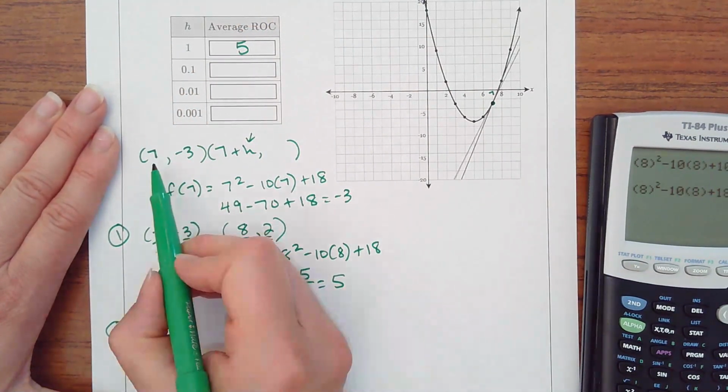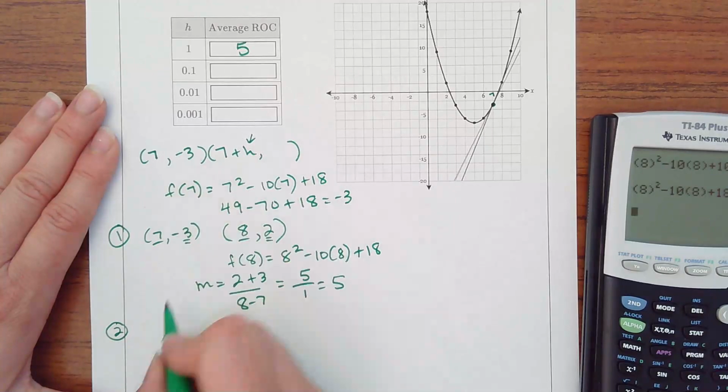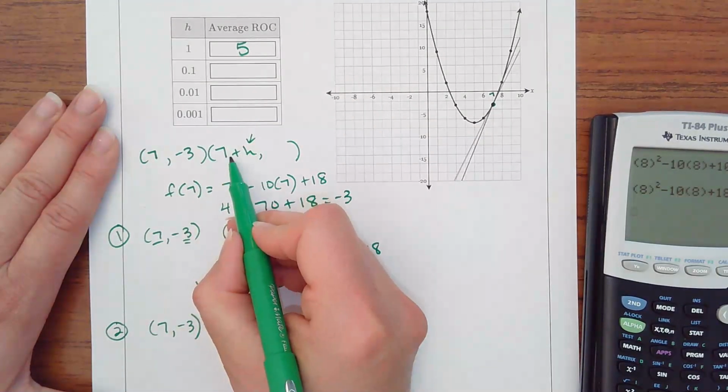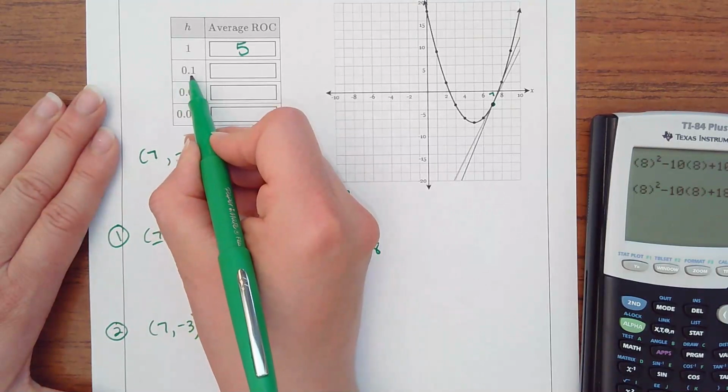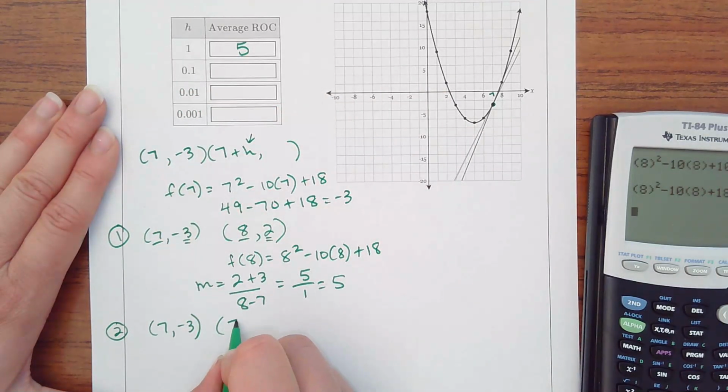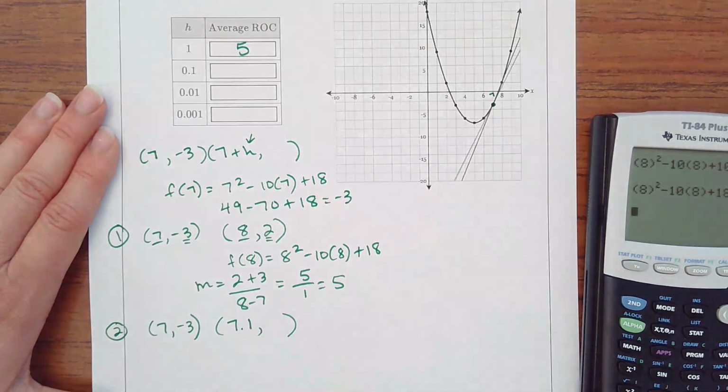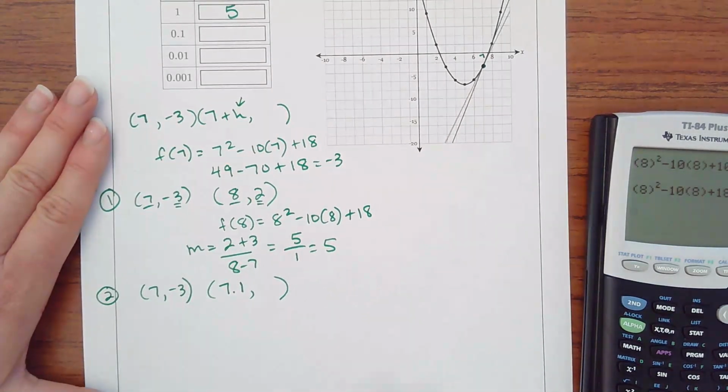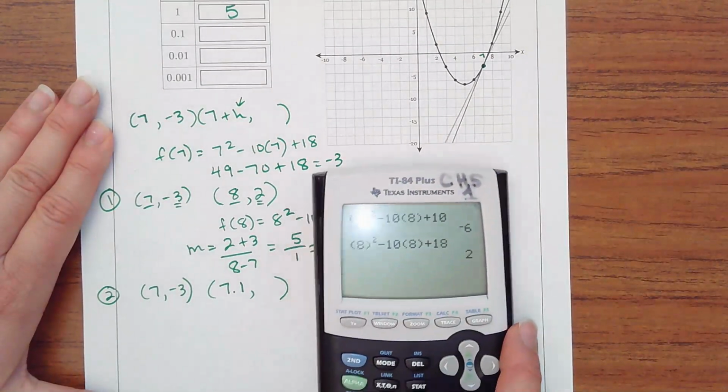All right, now let's do the second interval. We still know we're going from 7, -3. But now my second point is going to be 7 plus 0.1. Well, 7 plus 0.1 would be 7.1 to something. So now I want to use my formula again.